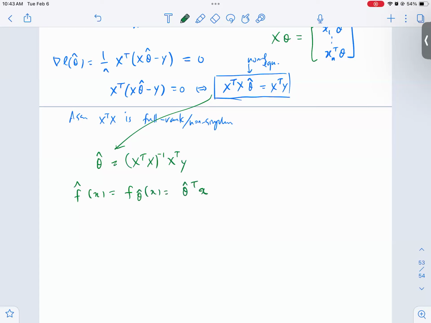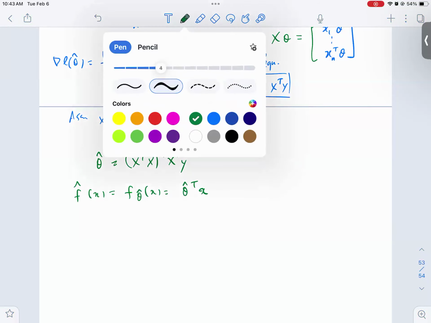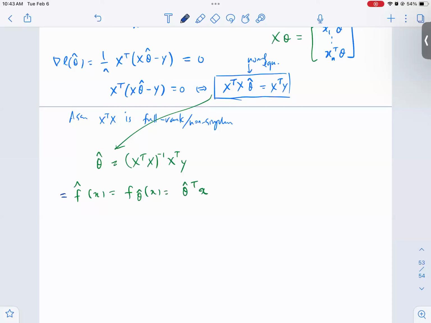Once I have theta hat, I plug it in and have a linear function now that I can apply to any x I want. So that's my estimate, which I'm also going to call eta hat, because it's a regression function, similar to the eta hat that we looked at. It's an approximation of the expectation of y given x.